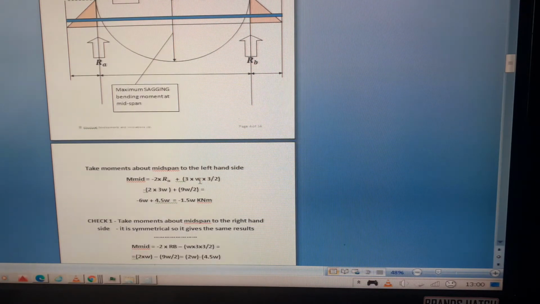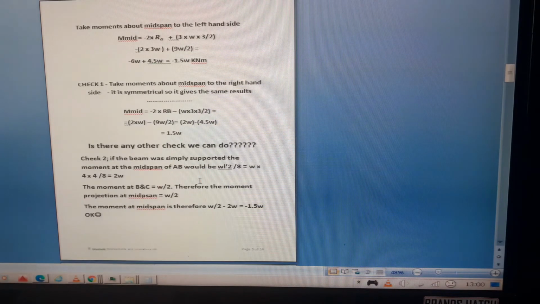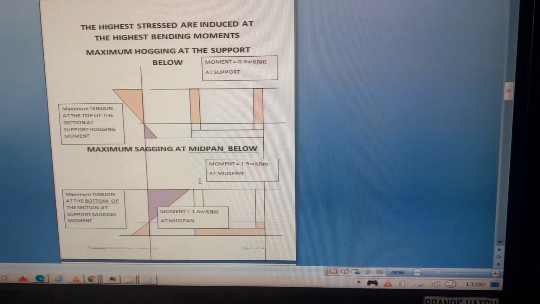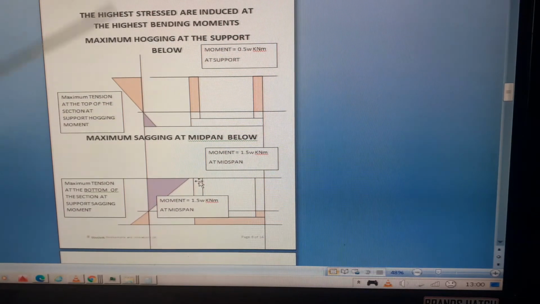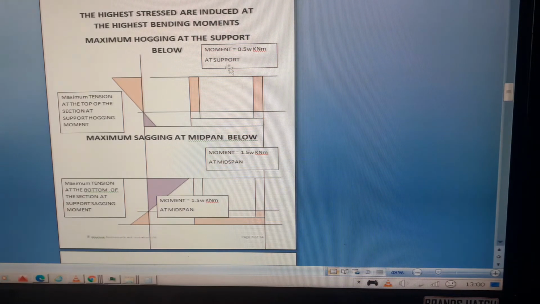We can try and find the maximum stresses due to bending. So this is just a summary diagram. The highest stress is induced in the section where the highest bending moments occur.